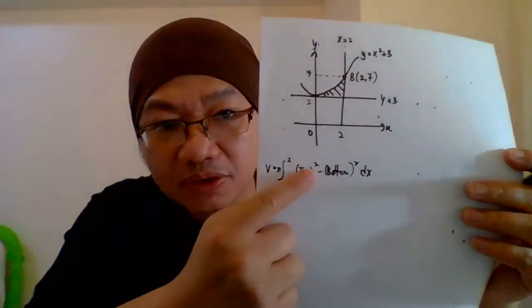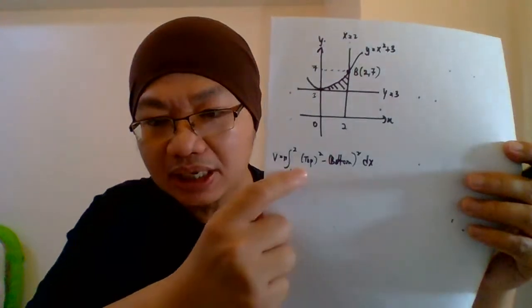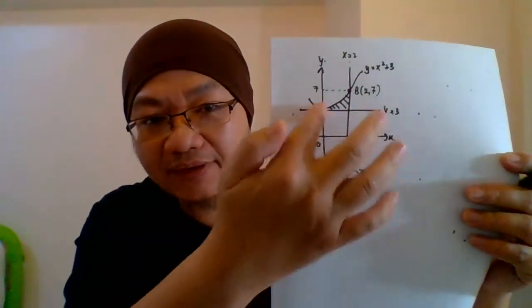Okay, so integrate to the limit of 0 to 2, top squared minus bottom squared, and then rotated against the x-axis, so the dx at the back. This is the formula. Now, the top is the curve, right?